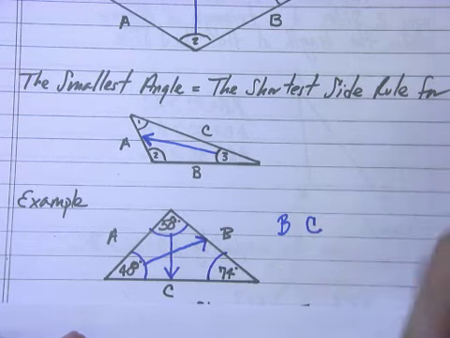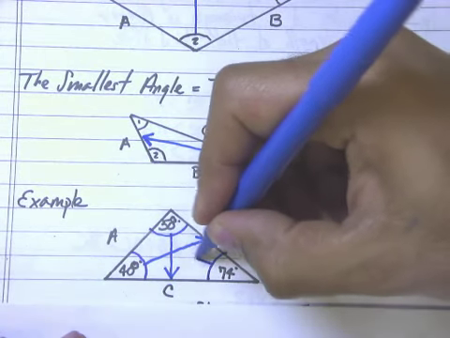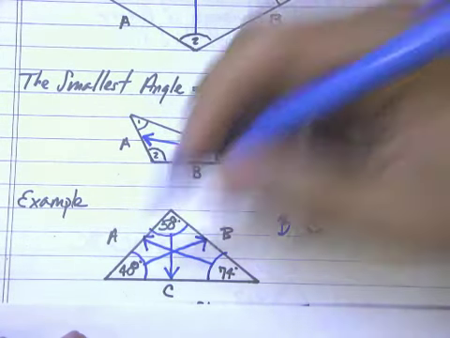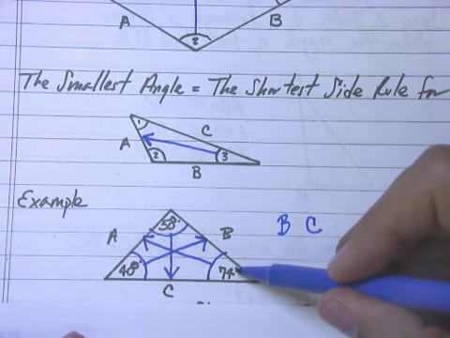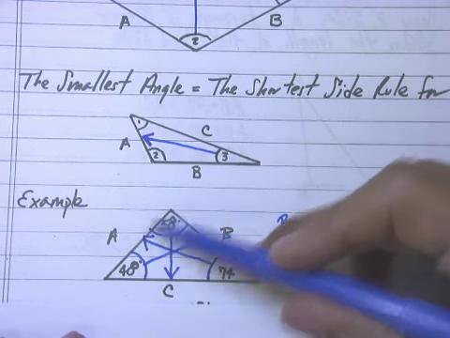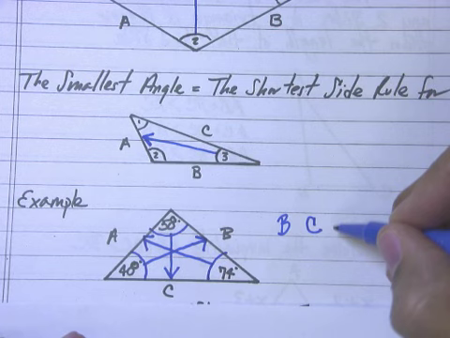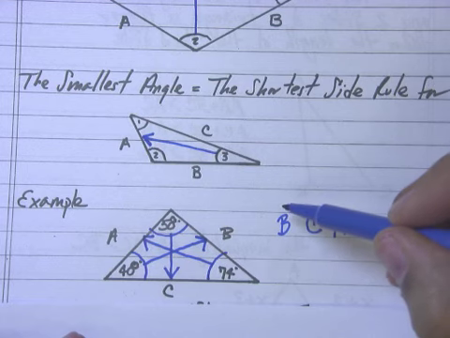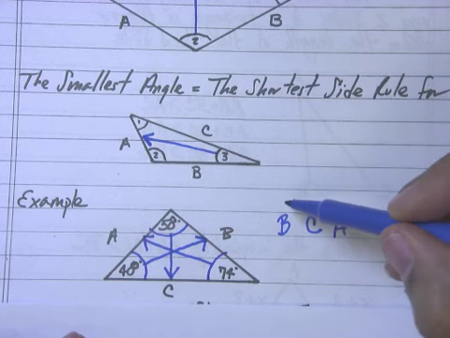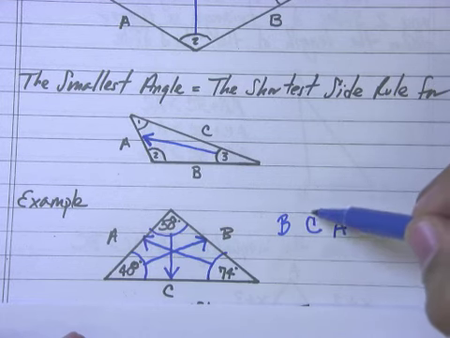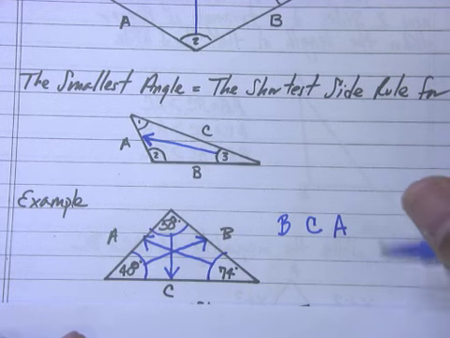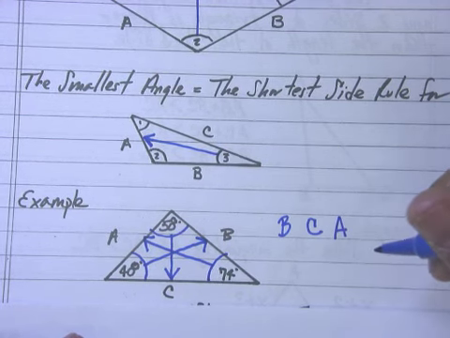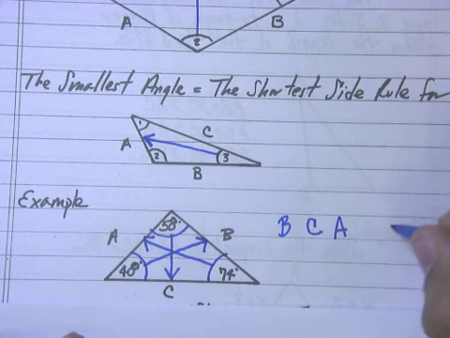And then finally, I have the biggest angle, which is 74 degrees, and it's across from side A. Since 74 is the biggest angle, that means that side A would be the biggest side. So here I have, in order from smallest to greatest, side B, side C, and the largest is side A.